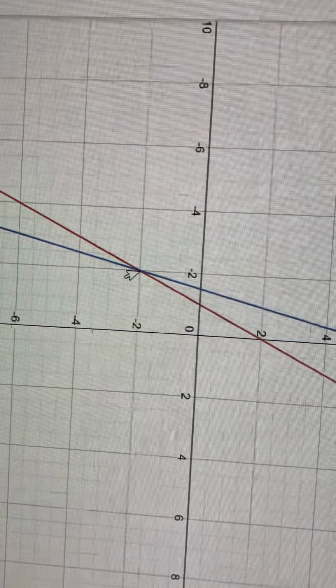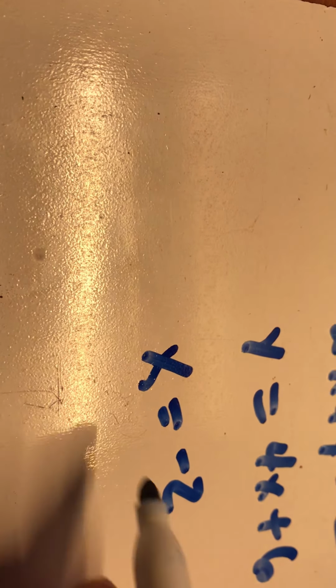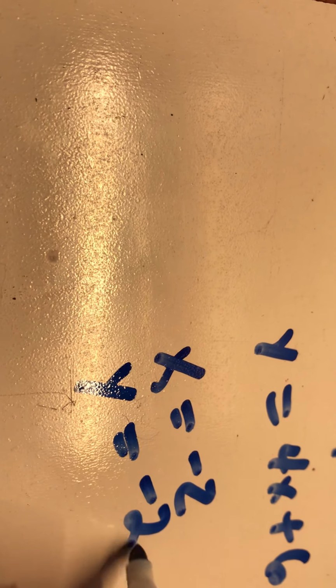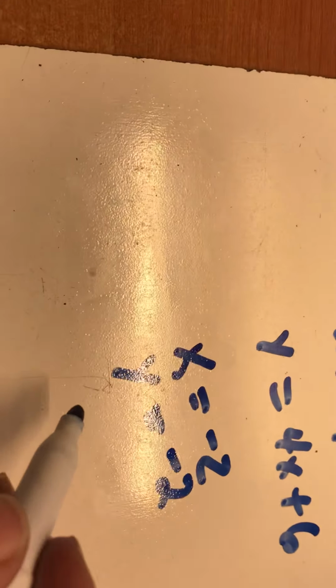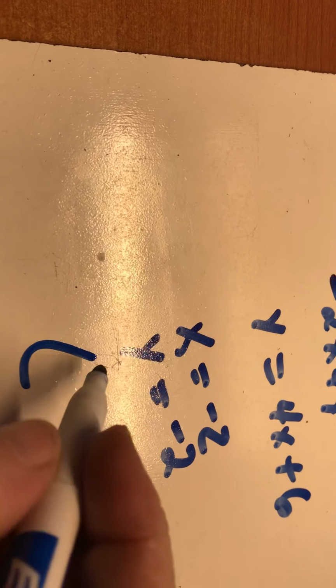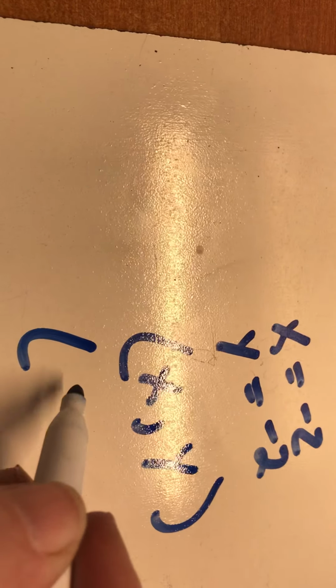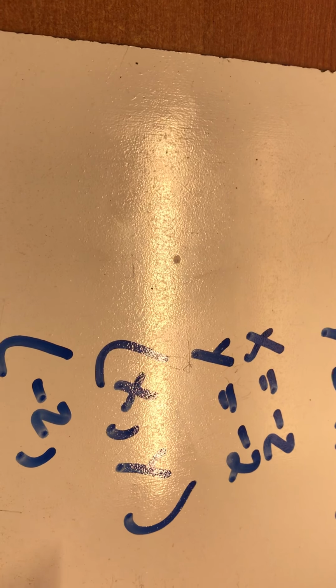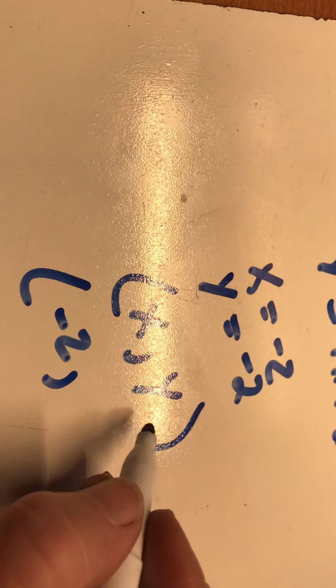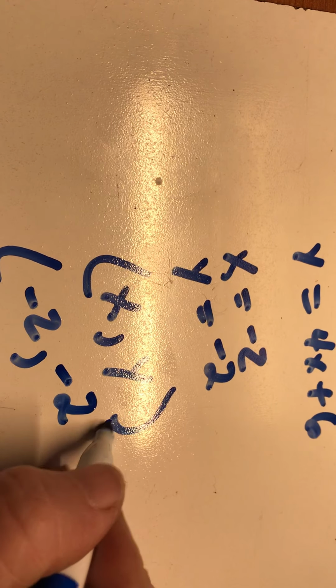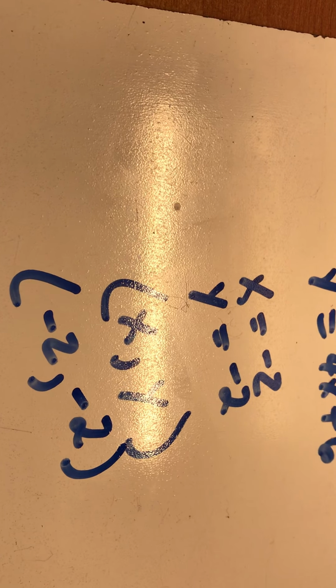As an ordered pair, because your solutions are in ordered pair form, the order is alphabetical. It's always x, y. In this case, they're both the same number, so it wouldn't matter, but just on principle, negative 2, negative 2.